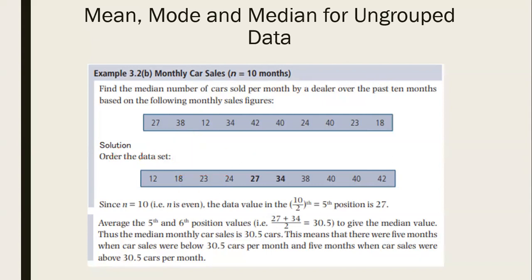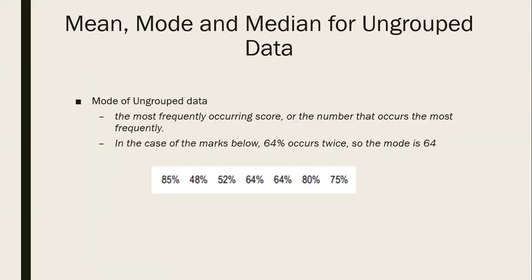We say, thus the median monthly car sale is 30.5. This means that there were 5 months when car sales were below 30.5 cars per month, and 5 months when car sales were above 30.5. That's the reason why we want to find the median, so that we can divide the set of data into 2 equal halves.